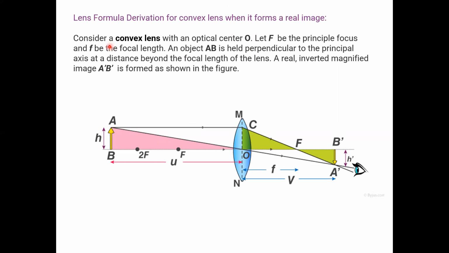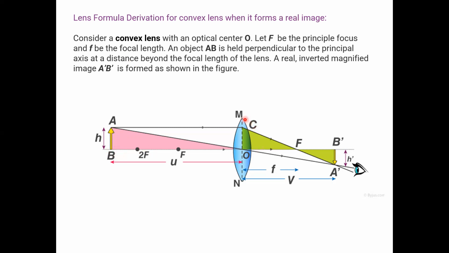So see here. Here, an object AB is placed perpendicular to the principal axis of a thin convex lens. Okay. Now AB is placed beyond C, that is beyond the center of curvature.